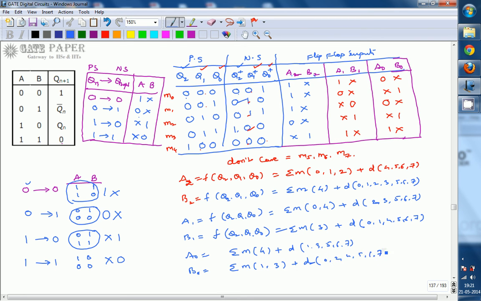Okay, so these are a0, b1, that is functions of a2, b2, a1, b1, a0, b0. These are functions of these things. Next you can minimize this. As you are minimizing this, you will get the functions in this way.